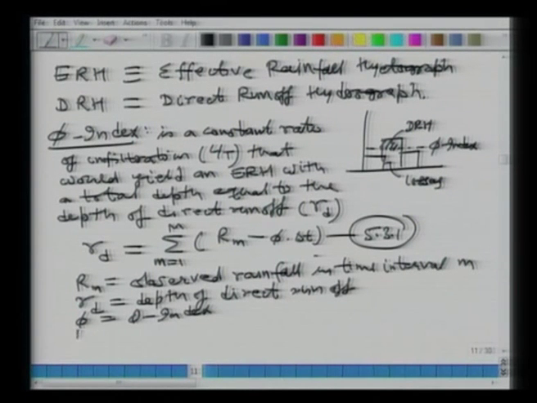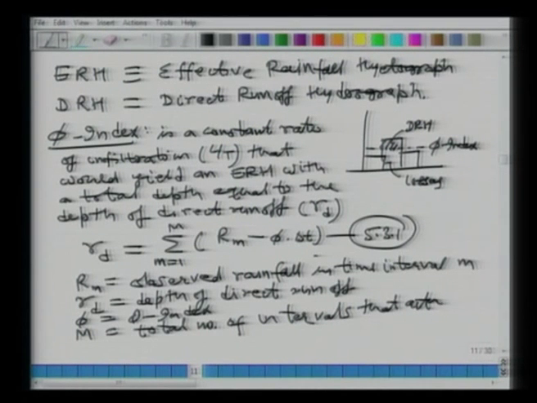and capital M, which is, I would like to emphasize, it's very important, is the total number of intervals that actually contribute runoff.